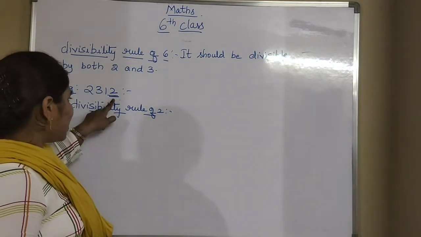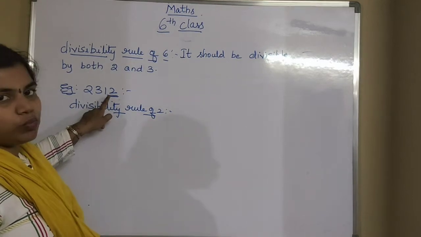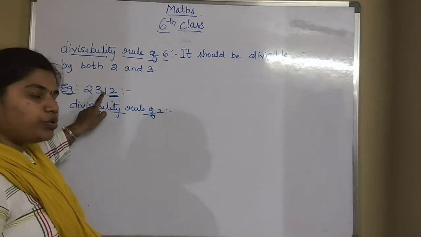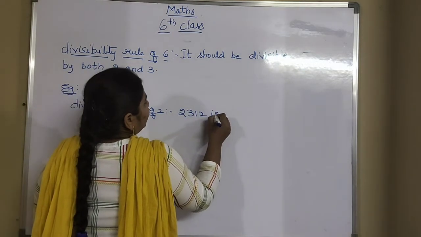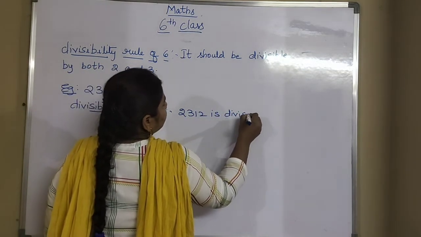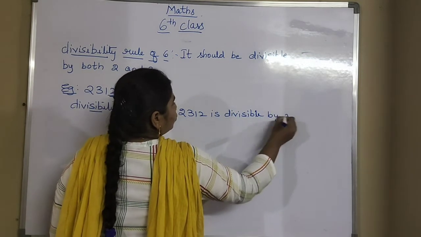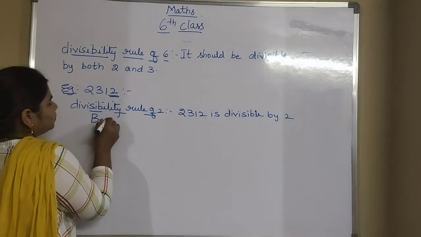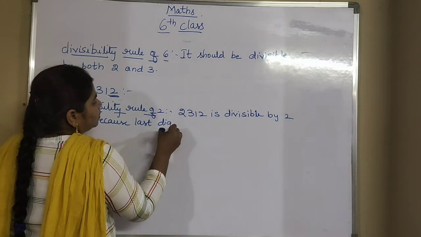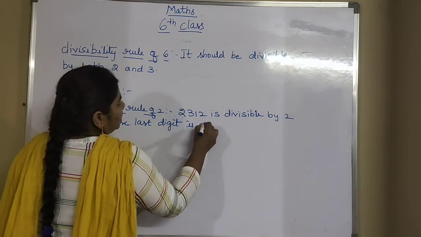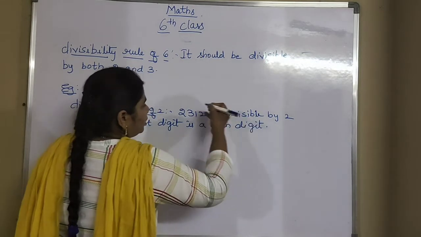So by seeing this last digit, you can say that the whole number, 2312, will be divisible by 2. 2312 is divisible by 2 because the last digit is an even digit. So it is divisible by 2 here.